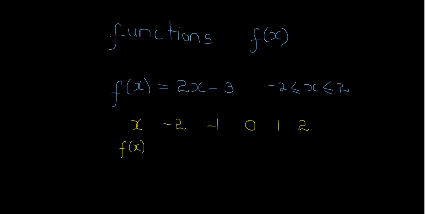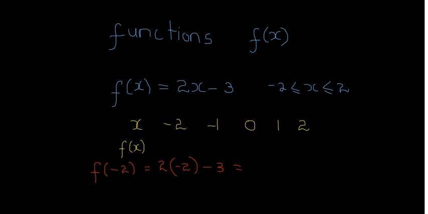So for the f of x values, we start off by selecting a value from the domain, plugging it into our function. So for example, if I want to evaluate the function at x is equal to -2, I am finding f of -2. f of -2 gives me 2 times -2 minus 3.